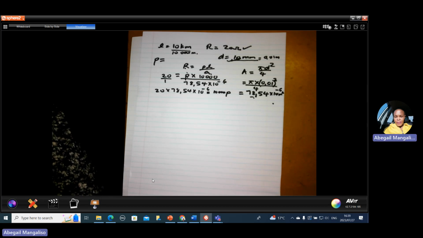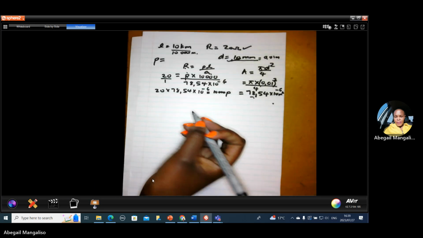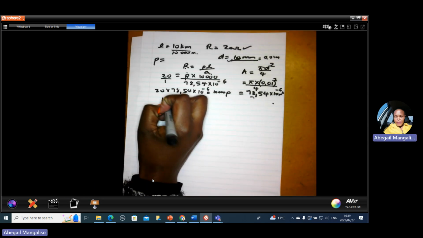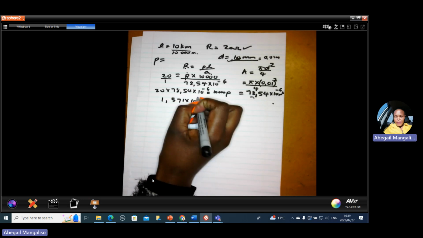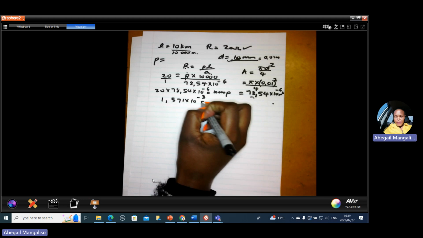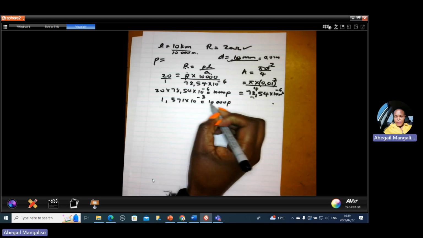This is times 20. And the answer is 1.571 times 10 to the power negative 3. This is equal to 10,000 of resistivity.